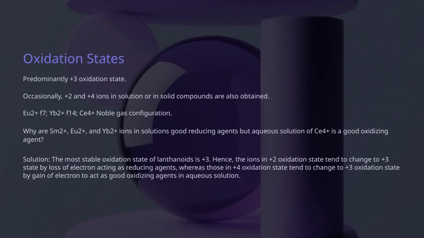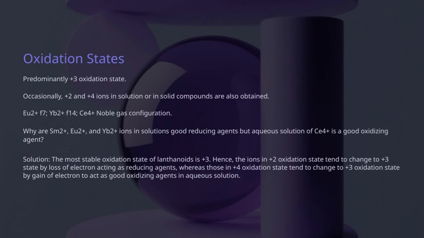Now, why are ions like Sm²⁺, Eu²⁺, and Yb²⁺ in solution good reducing agents? Well, their electronic configurations are quite telling. For example, Eu²⁺ has an f⁷ configuration, Yb²⁺ has an f¹⁴ configuration, and Ce⁴⁺ has a noble gas configuration. These configurations influence their tendencies to either lose or gain electrons.